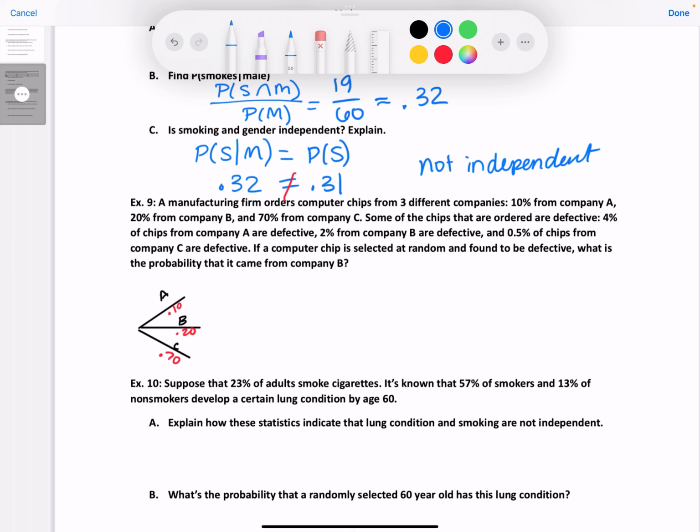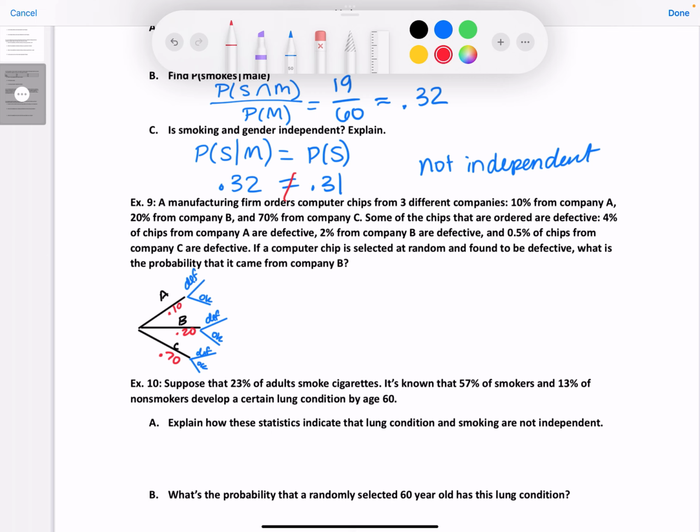Then our next branch is if they are defective or if they were okay for each one. Just because I don't have a lot of space, I'm going to write them right at the end.